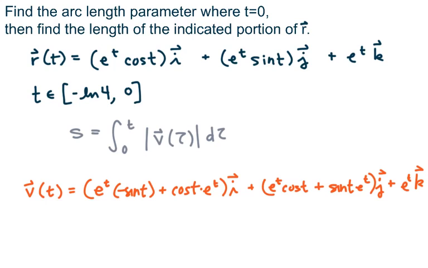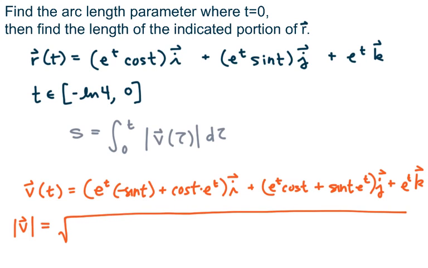All right, so now we have our velocity vector. We need to find the magnitude of the velocity vector. So the magnitude of v is the square root of my x component squared.